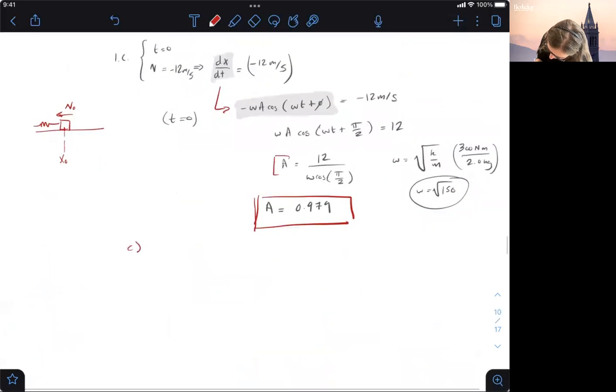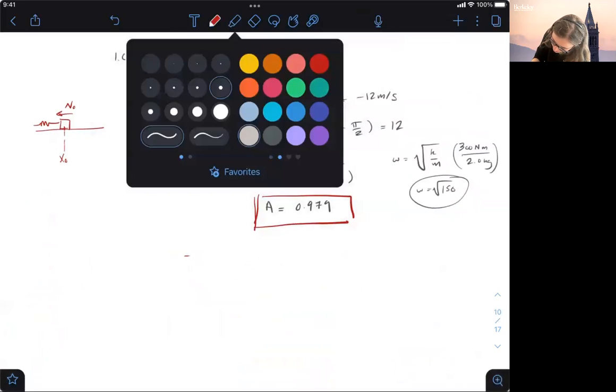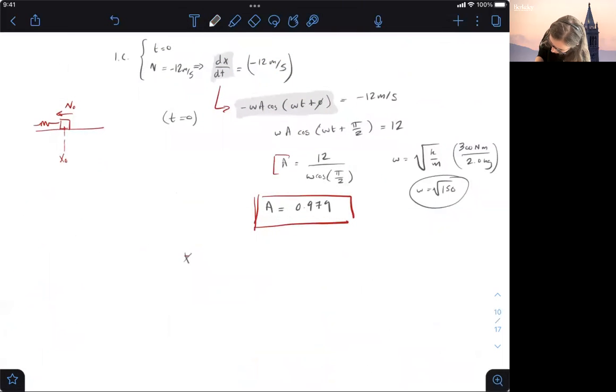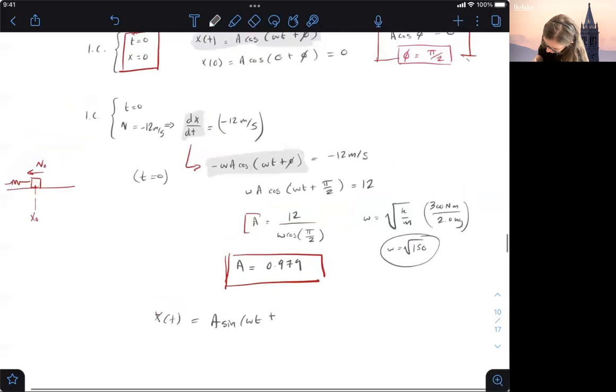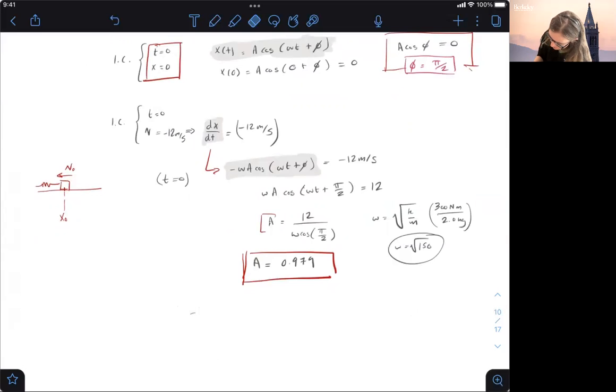So for part C, we have the x of t function, and we're just basically plugging in everything that we found, right? So we have x of t as equal to A sine of wt. Actually, we could just transition this cosine of wt to sine of wt, because I want to point out something really important here.